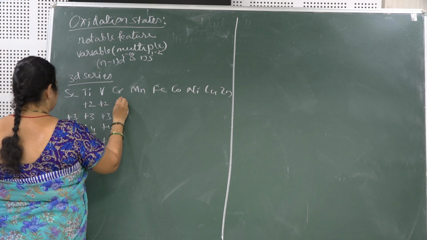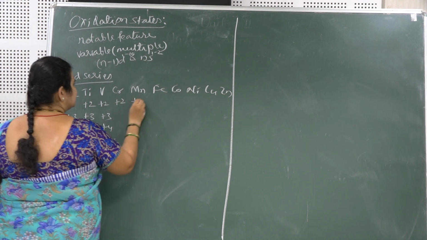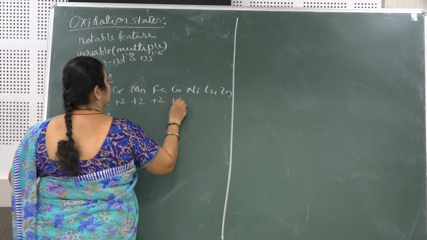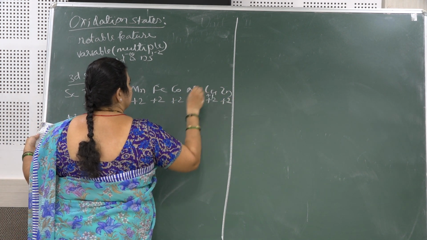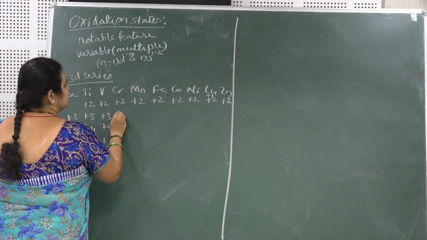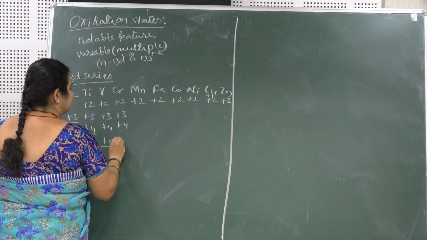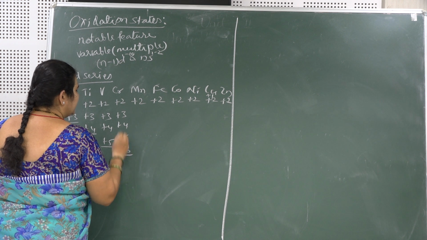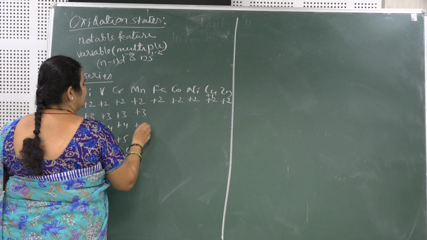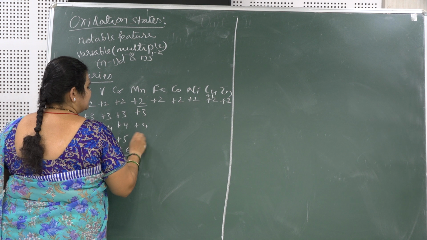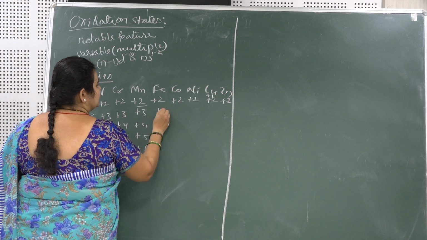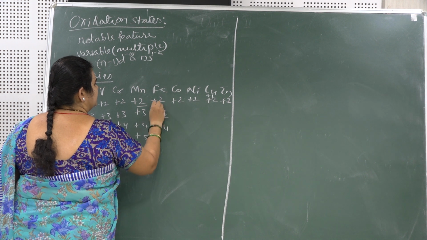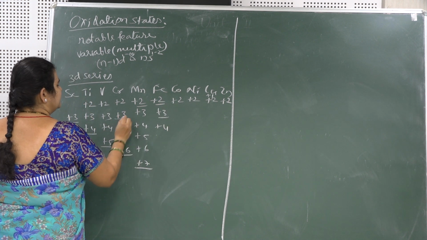Chromium: +2, +3. Plus 2 is generally common for all the elements. Then +3, +4, +5, +6, +7 and +3, +4 for the following elements.